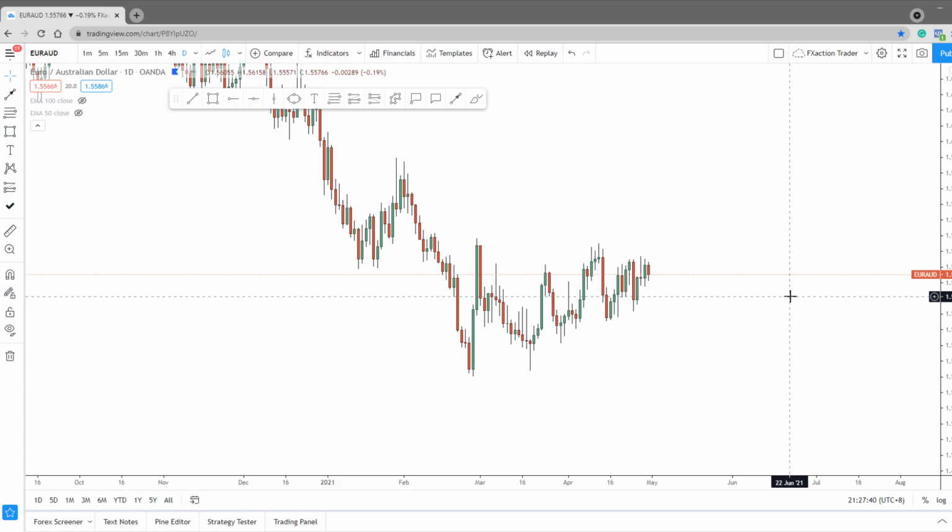So EUR AUD is actually the opposite of what we have seen on the AUD JPY, whereby we have predicted that the Aussie dollar might go bullish, and we are going to see this Euro Aussie dollar get weakened, and we are going to see a possible drop for this pair.